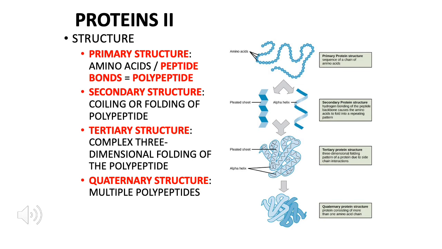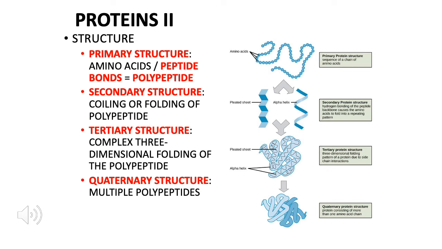The coiling on the right is commonly referred to as the alpha helix. That's the Greek letter alpha with the word helix, to imply this coiling. On the left, that's commonly referred to as the beta pleated sheet arrangement.